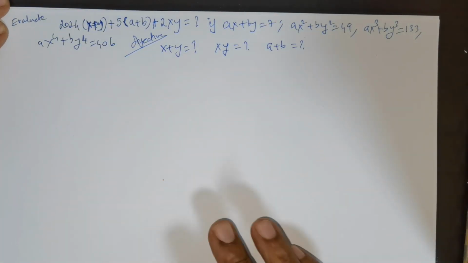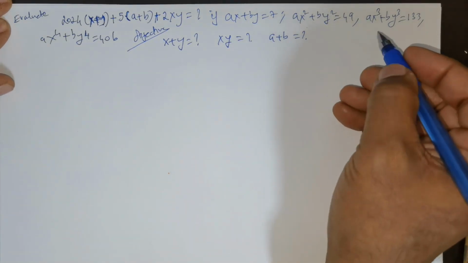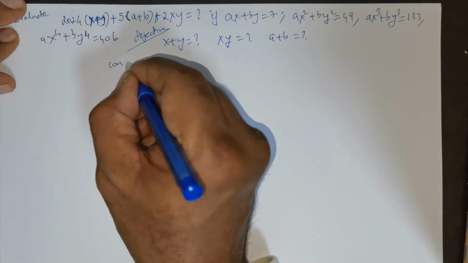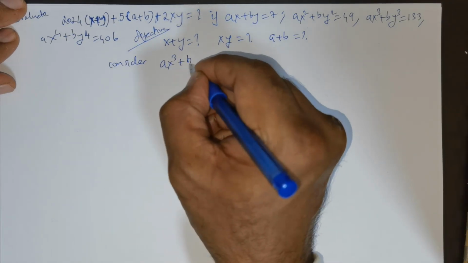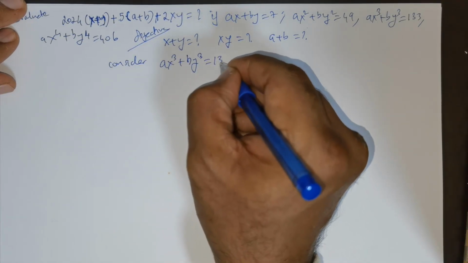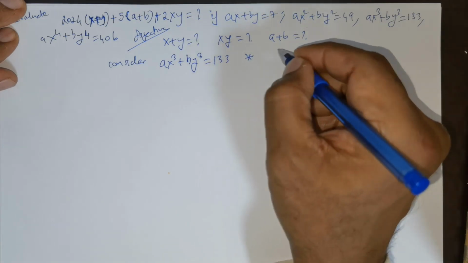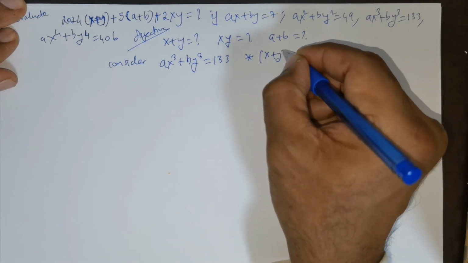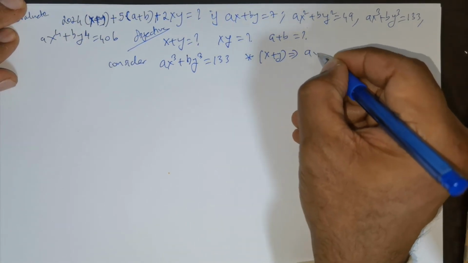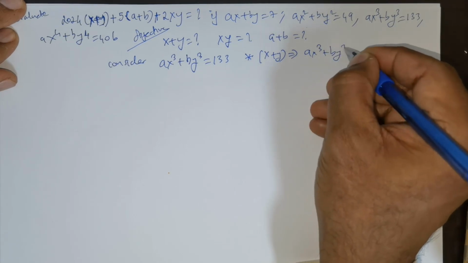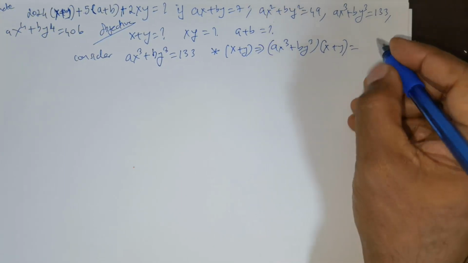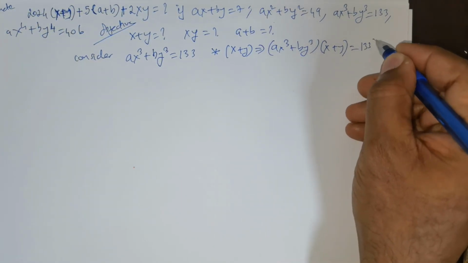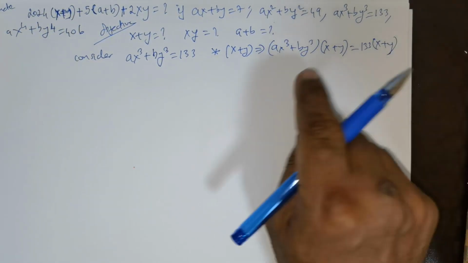So for that, foremost I will consider ax³ + by³ = 133. I will multiply both sides by (x + y). So that would give me (ax³ + by³)(x + y) = 133(x + y).